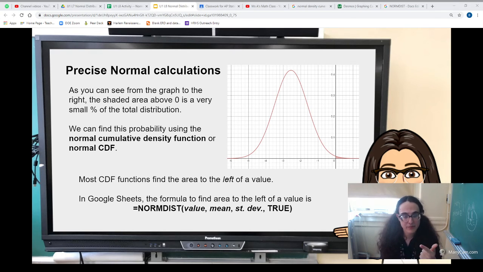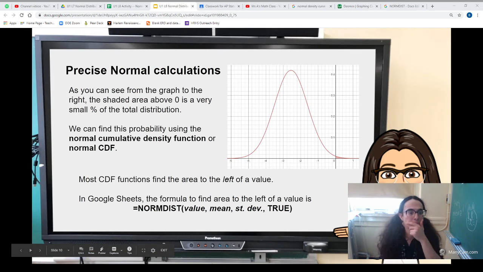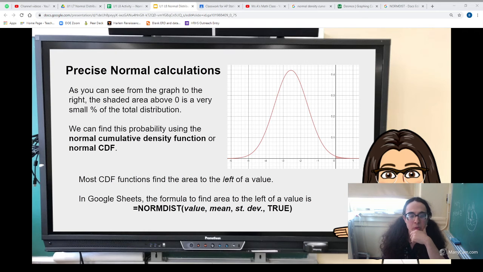What is the mean of the distribution? What's the standard deviation of the distribution? Any normal curve needs both of those. And then the last thing is true, which tells it to treat this like a cumulative density function rather than just giving us regular density. If you don't include it, it will assume you meant false and will give you a whole different wrong answer. You have to include the true.